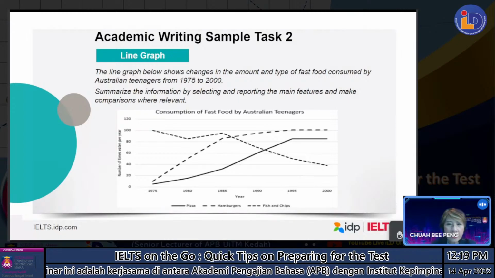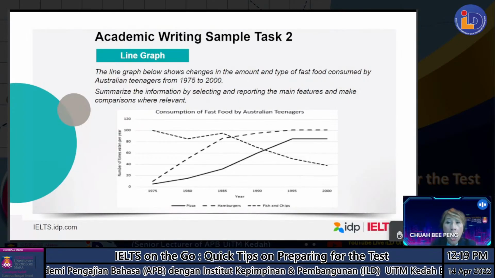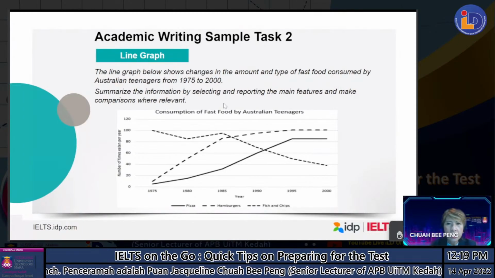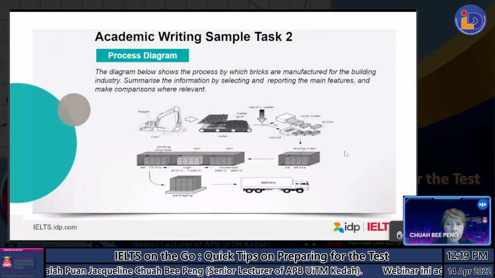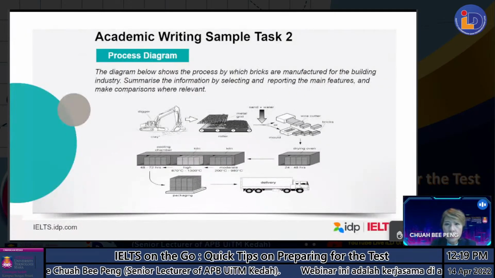Khadijah, anything that you'd like to ask? Oh, I accidentally clicked the button. Okay, so you don't have any question? Oh, okay, no problem. And what about Dr. Nur Azhar? Any question? I think Dr. Nur Azhar also raised a hand.